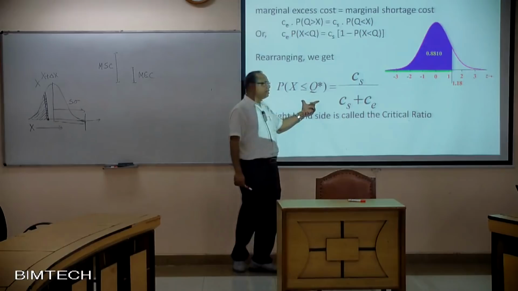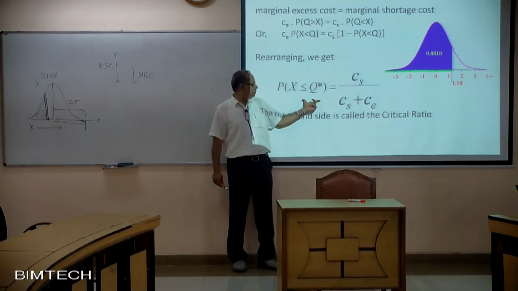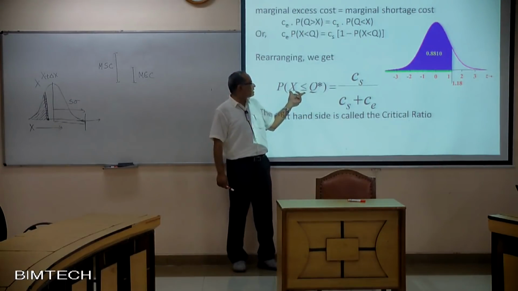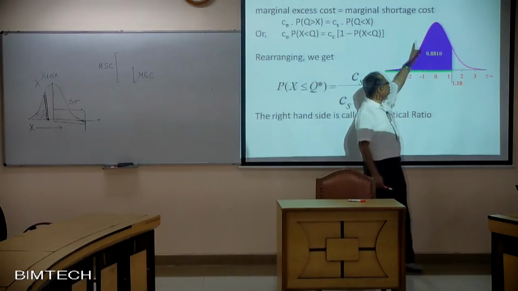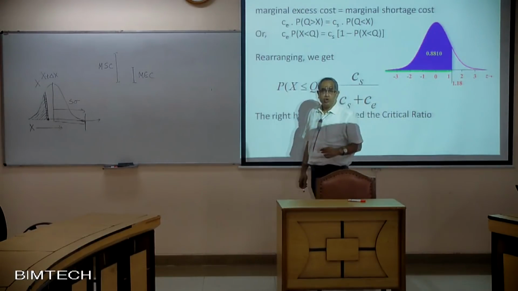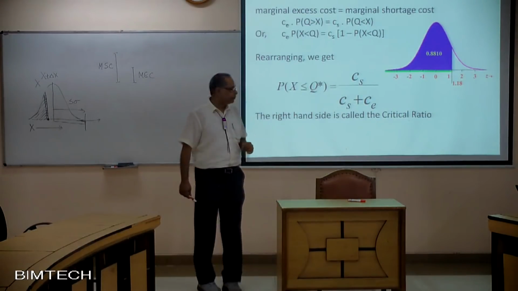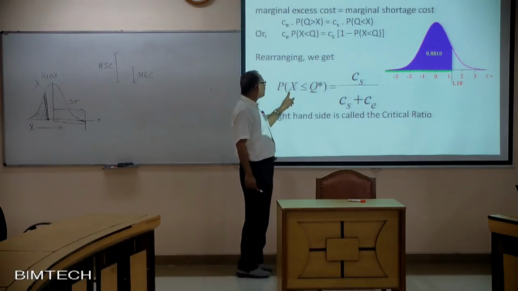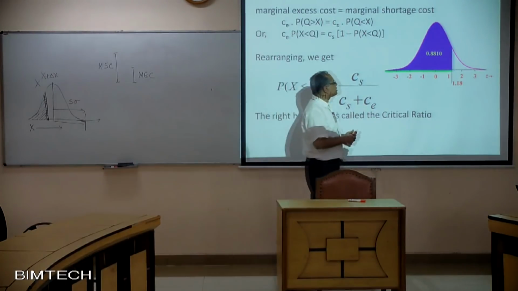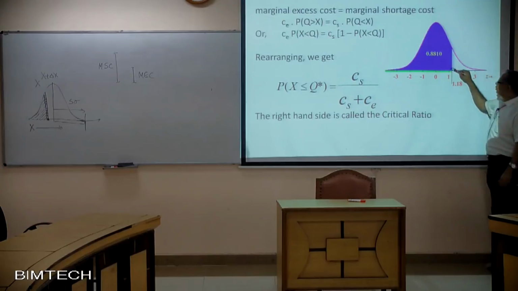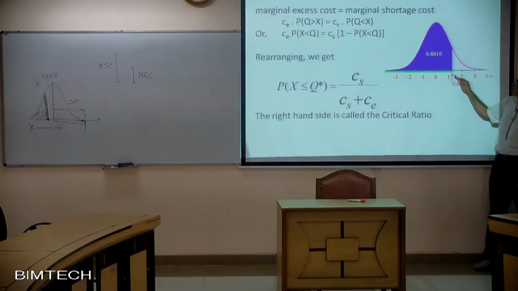Now, let us understand the meaning of this result. The probability of x less than or equal to q. What is the distribution of x? It is a normal distribution. Remember, our demand is normally distributed. What is the probability of x less than q star? Let us say our q star value is here. Remember, we are plotting q here, or x here, the quantity.